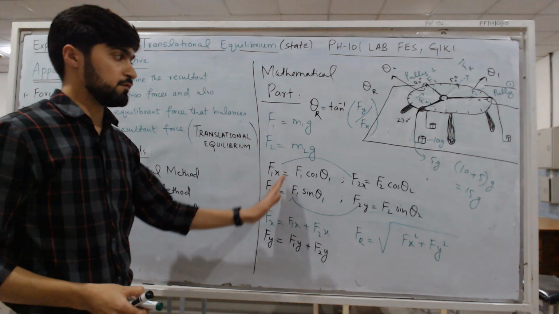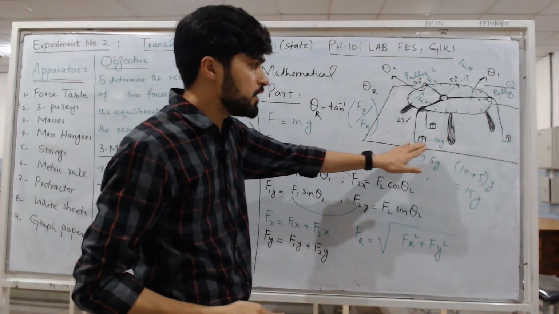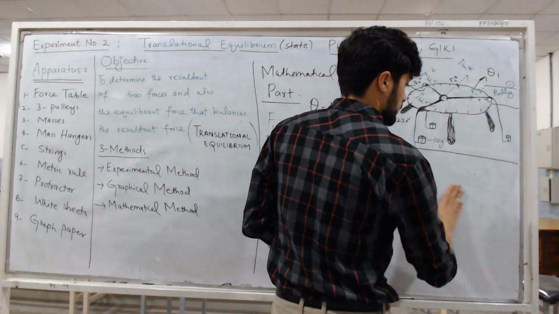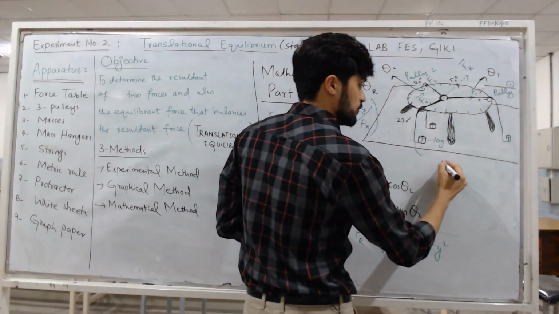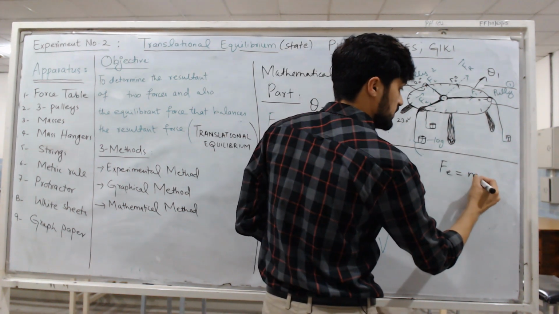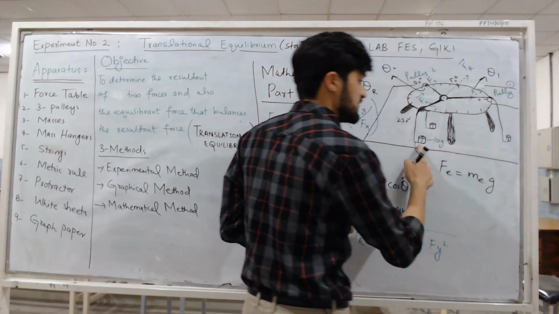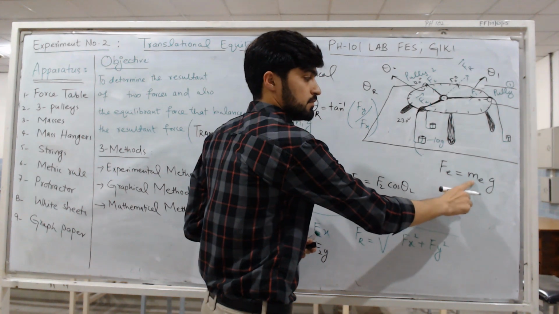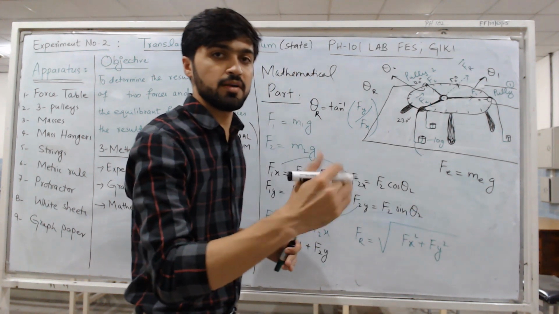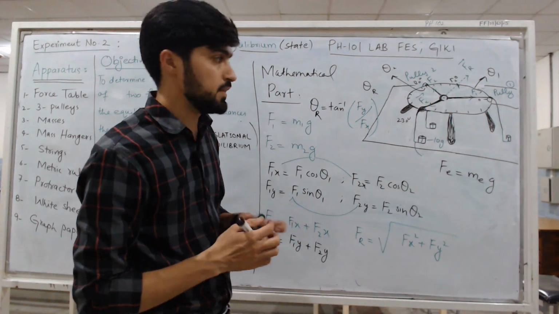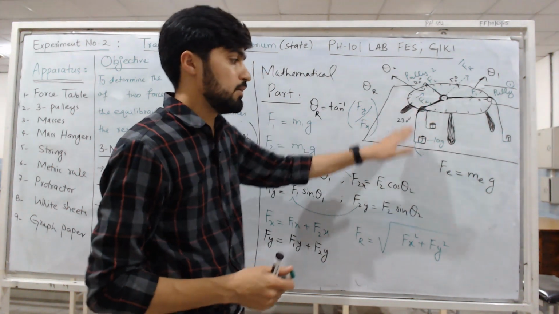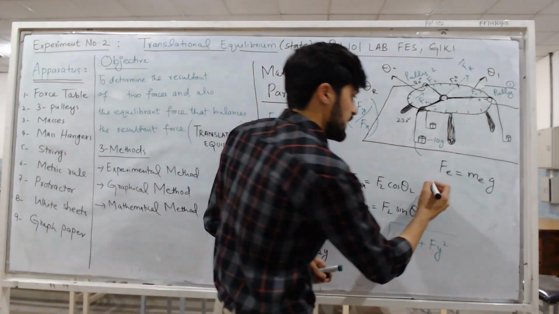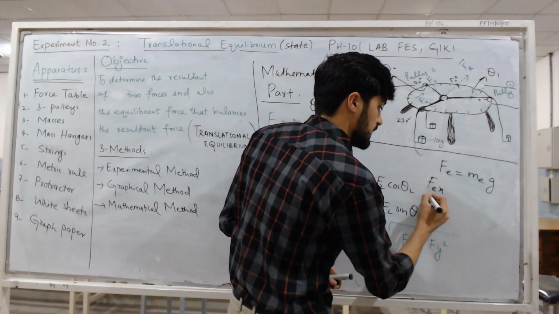You have to find the forces. You can also do it for the equilibriant force. This is the equilibriant force, so you can say Fe is equal to Me g. So Me is the mass of the equilibriant. I'm using Me for the equilibriant mass and Fe for the equilibriant force, just for the sake of simplicity. So it must have two components, Fex and Fey.